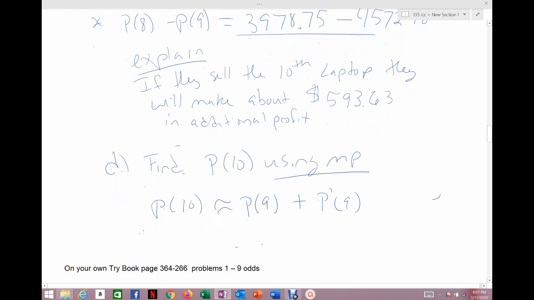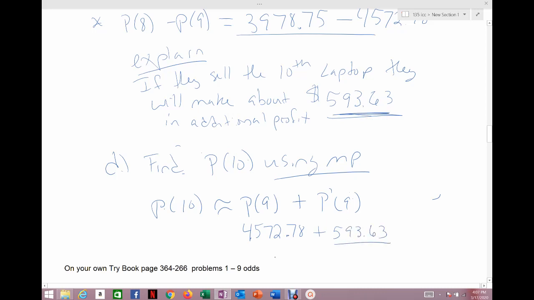Profit at 9 was answer A. That came out $4,572.78. That's how much profit you had at 9. And then when you produce one more, the 10th, they're going to make about $593.63 when they sell one more.